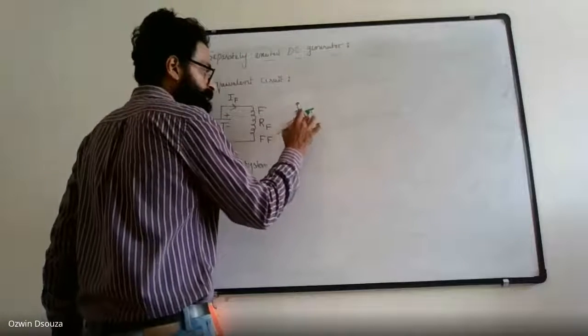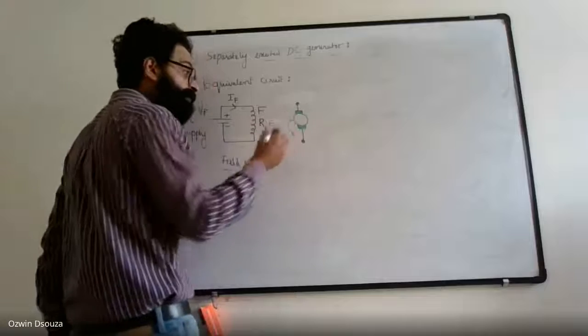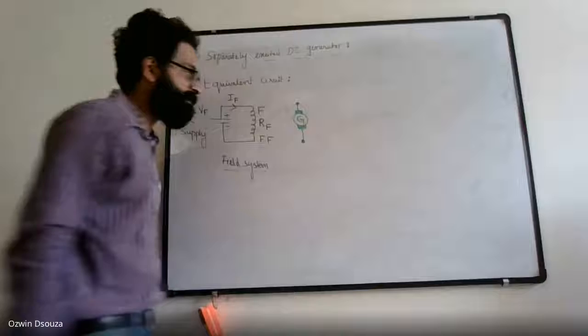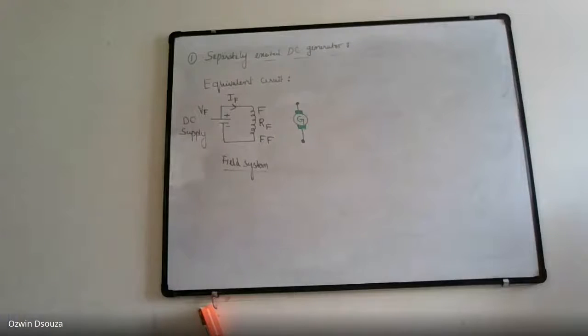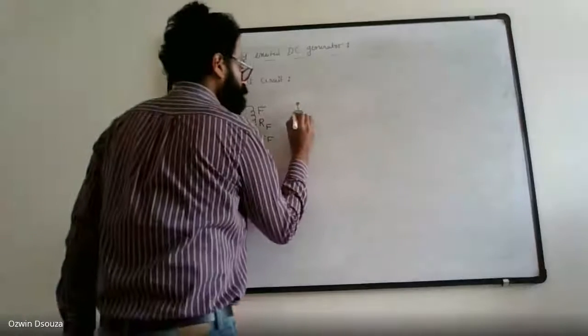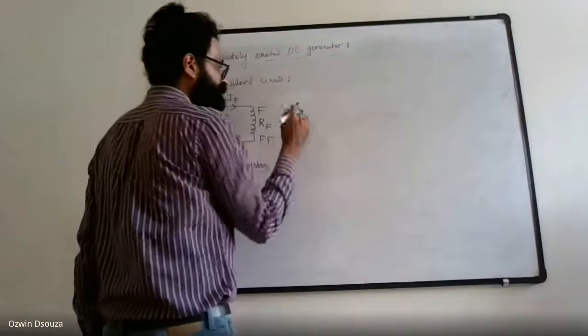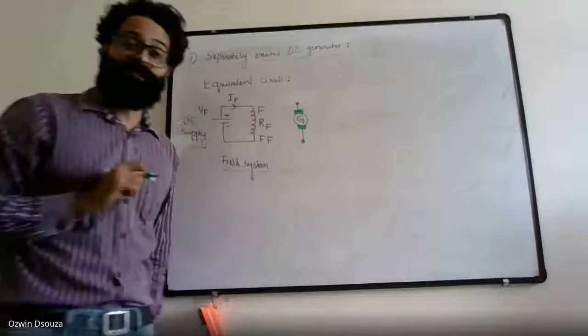Now, the circular object is your generator. For a generator, we write G, and for a motor, we write M. And the two small rectangular boxes shown above and below this generator refer to brushes, right?